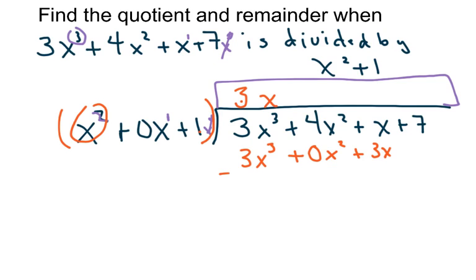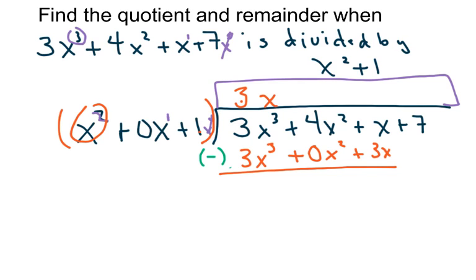Now I'm going to subtract. Now since we're subtracting polynomials, we're really subtracting all three pieces here. But instead of putting the parentheses around the whole thing and putting subtract, the way I'm going to write it is like this, as opposed to the way we did the integers.